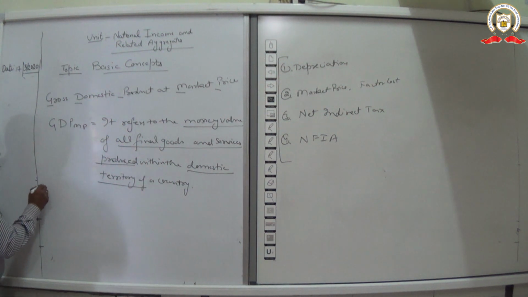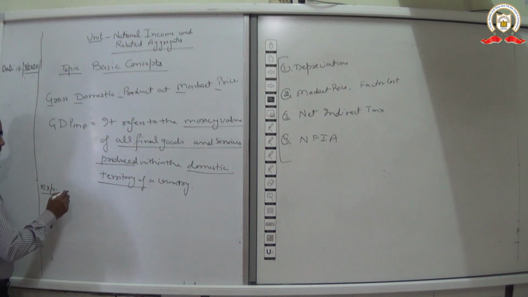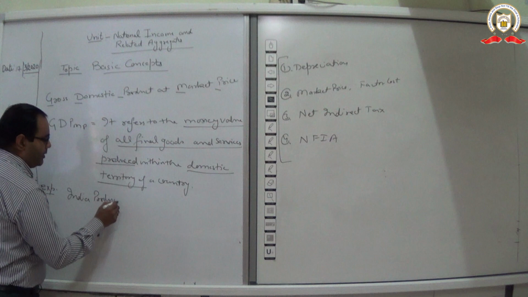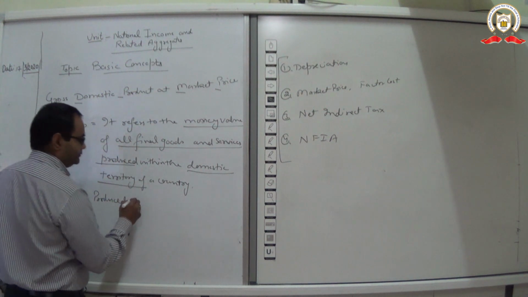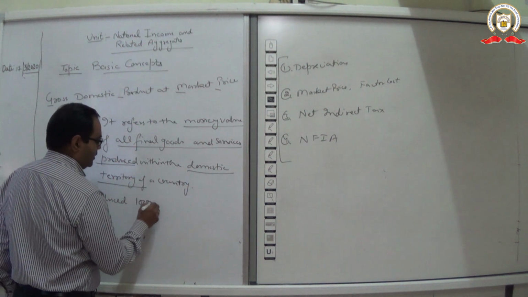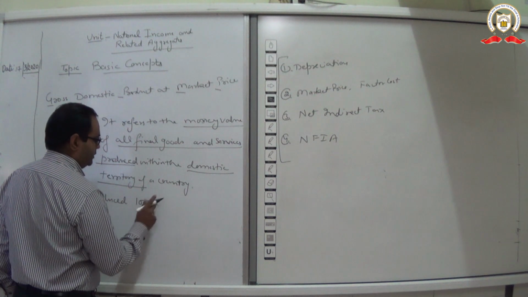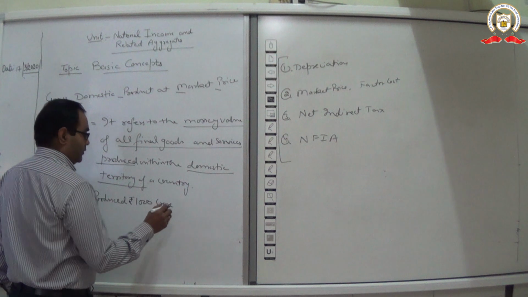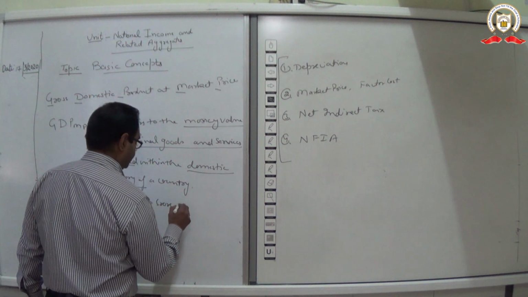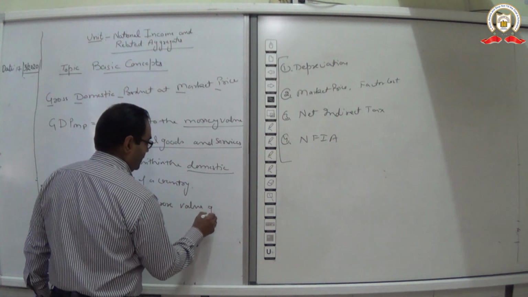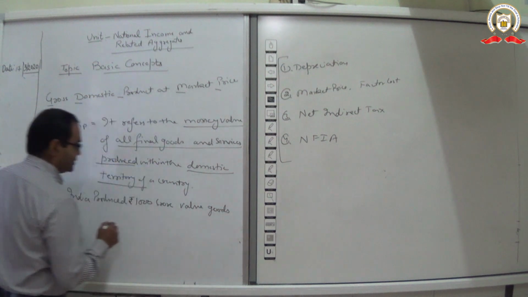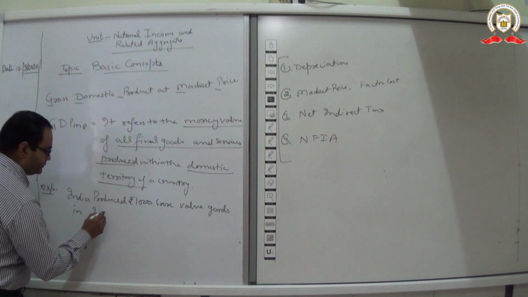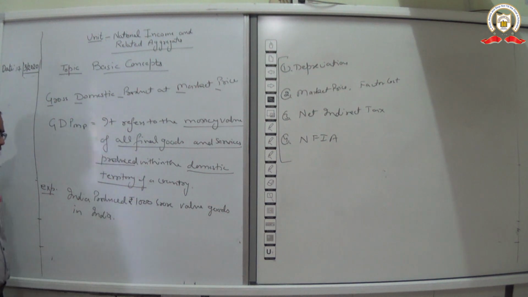For example, India produced 1000 crore rupees value of goods in India.